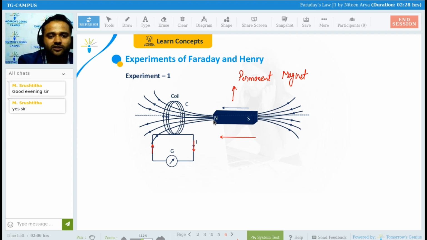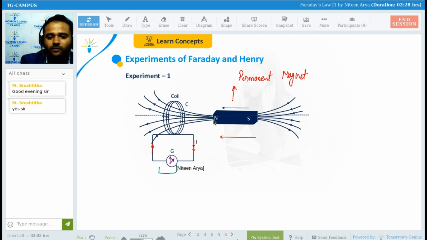Basically what happens is that the galvanometer needle is initially at rest, and you get a deflection, and the deflection shows us the presence of current.